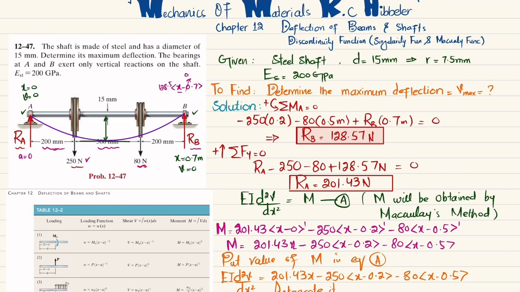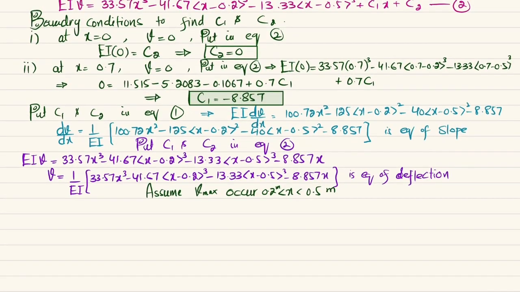If you draw the tangent at Vmax, the slope dV at that point will be equal to 0. So what we will do is put dV over dx equal to 0, and this equation number is B, and this is your equation number C.